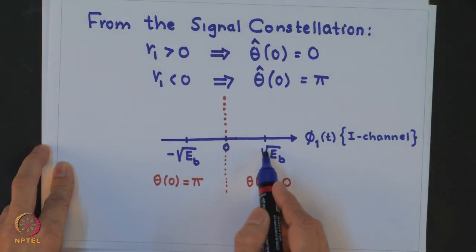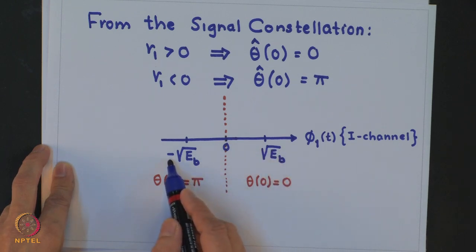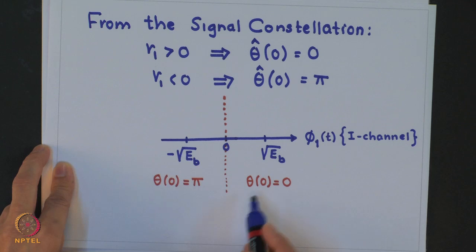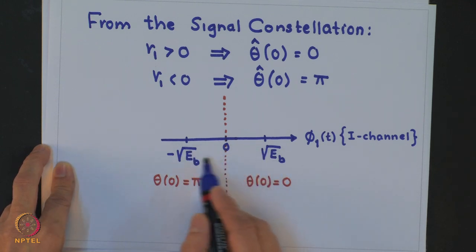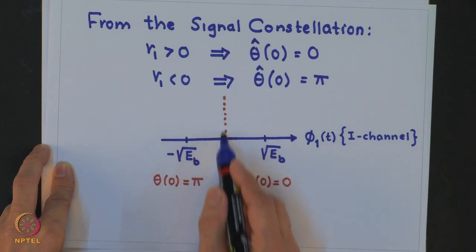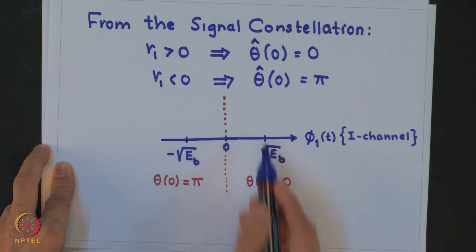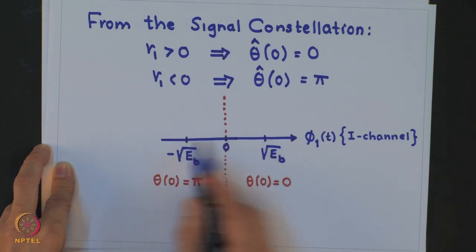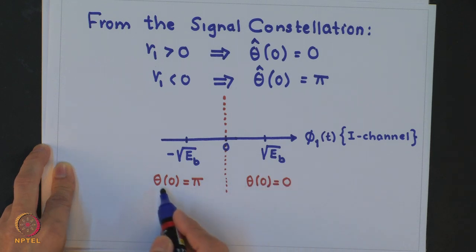We will have root Eb, remember, and this would be minus root Eb. This division will be the perpendicular bisector of the distance between these two points. These are all equiprobable. So, this side of the region is theta 0 equal to 0, and this is theta 0 equal to pi.